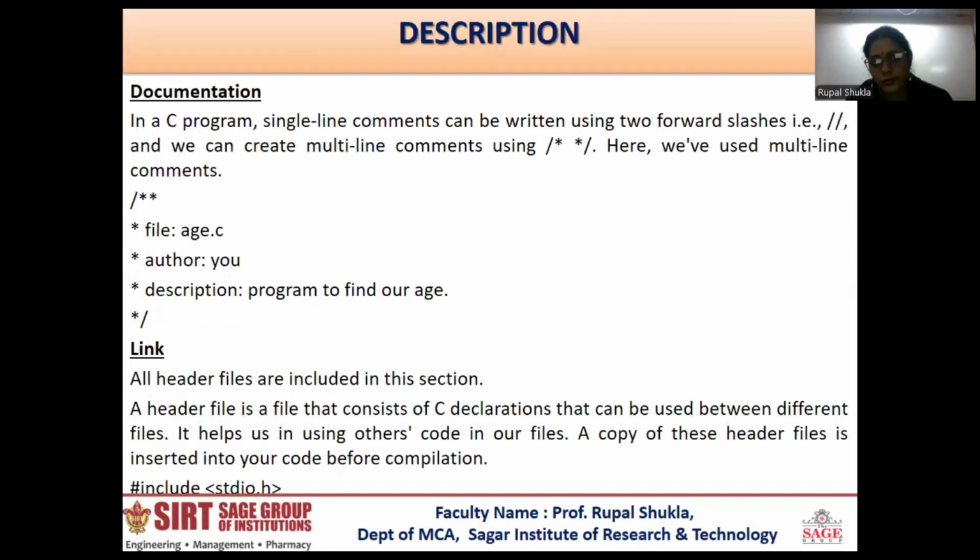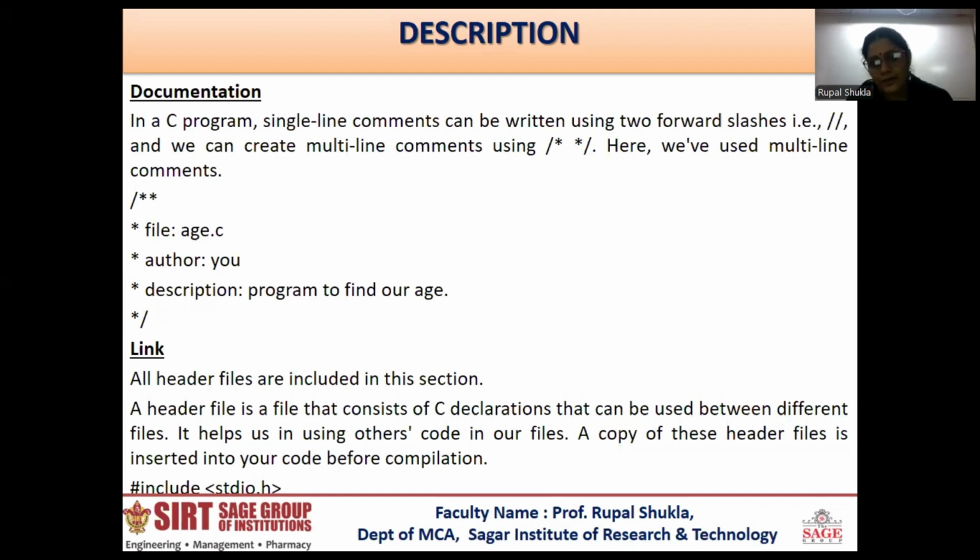Documentation. In a C program, a single line comment can be written using two forward slashes, and we can create a multi-line comment using slash and asterisk. Then we close that with asterisk and slash. Here we have used a multi-line comment.